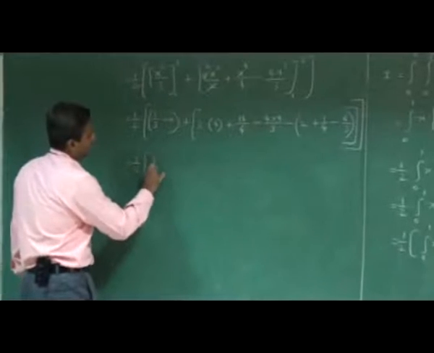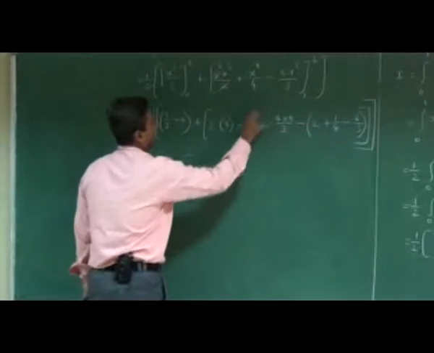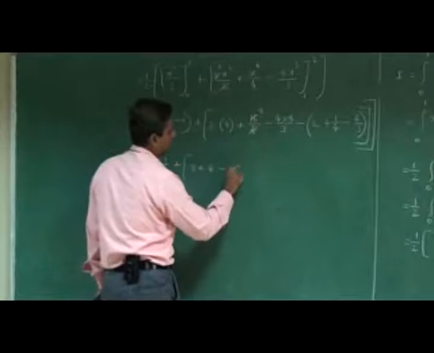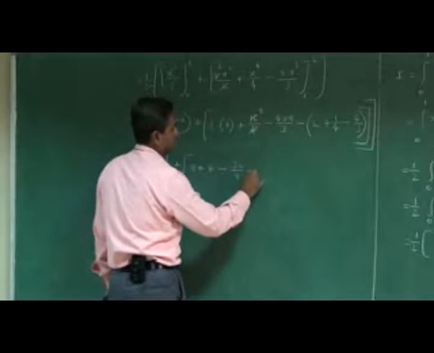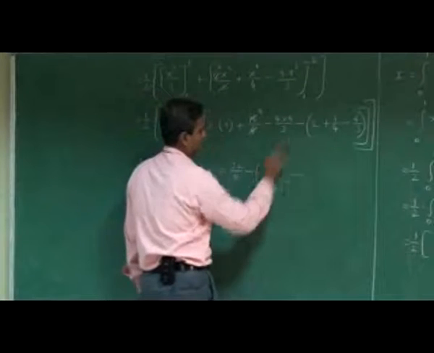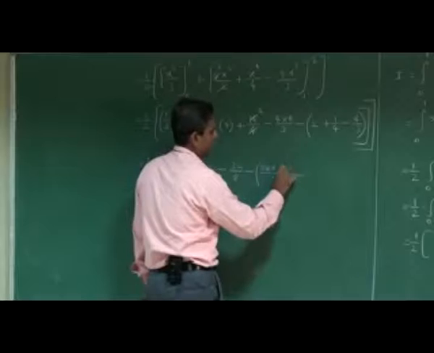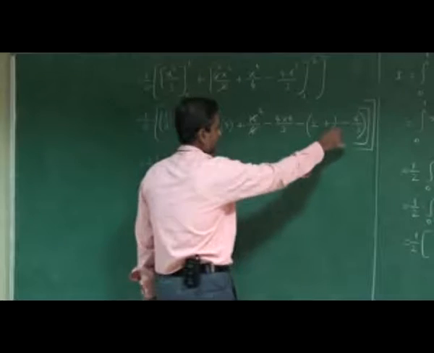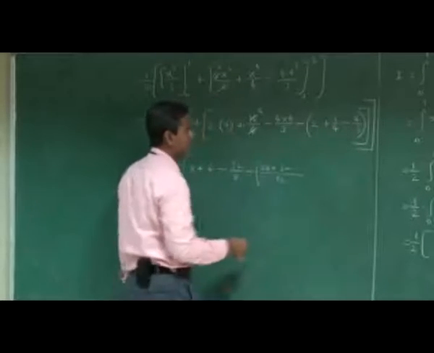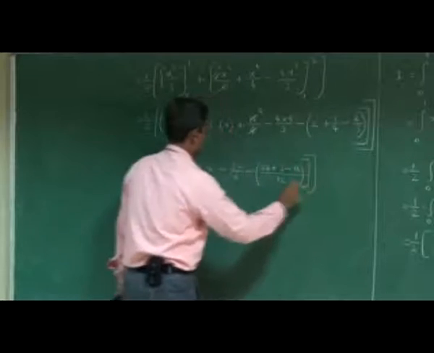That is equal to 1/2 times 1/3 plus here 8 plus 4 minus 32 divided by 3, minus of, we take the LCM for the given case, it's 12, that is 2 times 24 plus 3 times 12 minus 4 times 16, and we simplify.